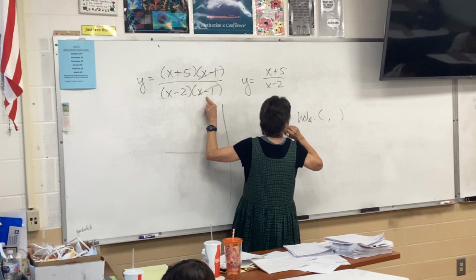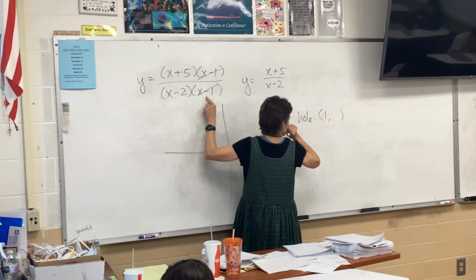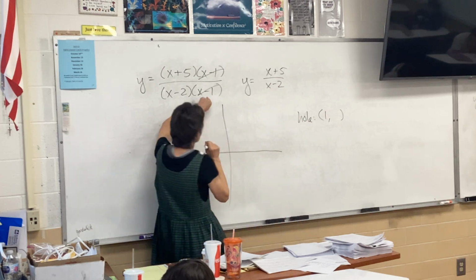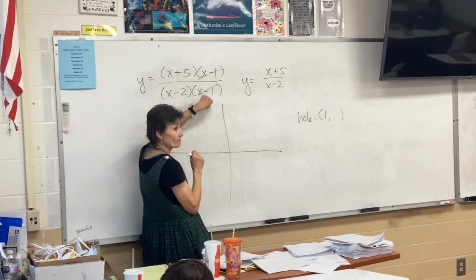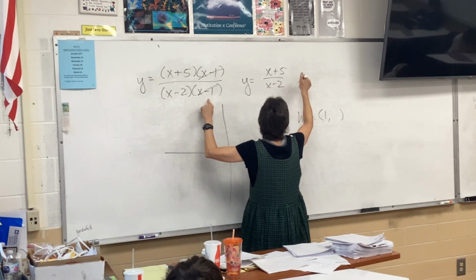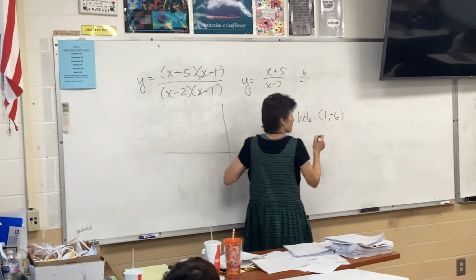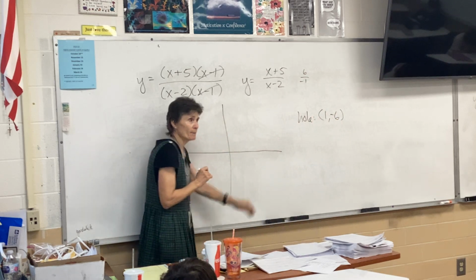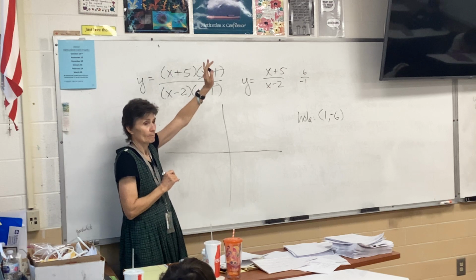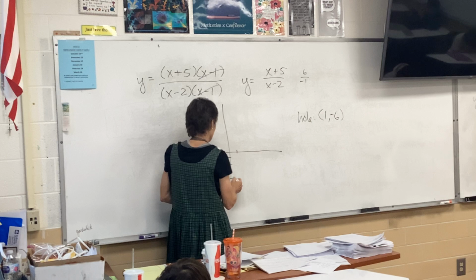Be careful, the hole is at positive 1. Okay, and then when we put in 1, we get 6 over negative 2? How many got a hole there? Perfect. So I'm going to plot it at 1, negative 6.